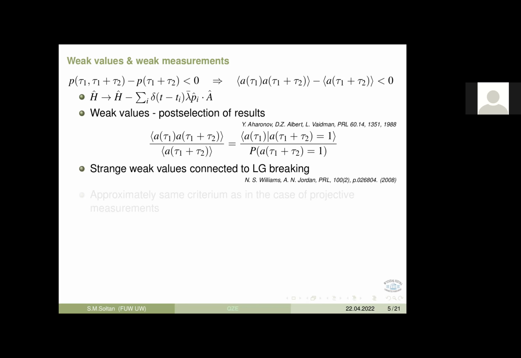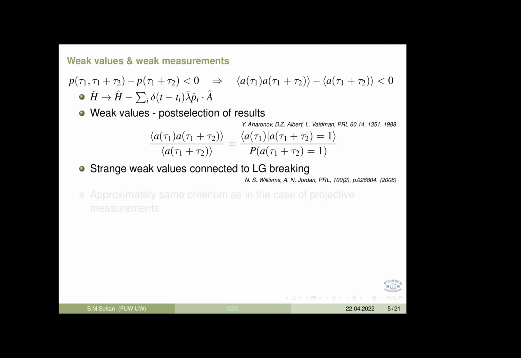And one more thing to add: strange weak values, these weak values that exceed the range of eigenvalues, are strictly connected to the breaking of the different Leggett-Garg inequalities. And so I expect it to be the same in this case.